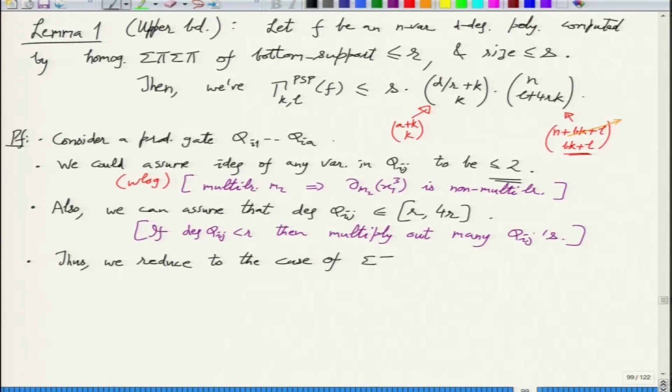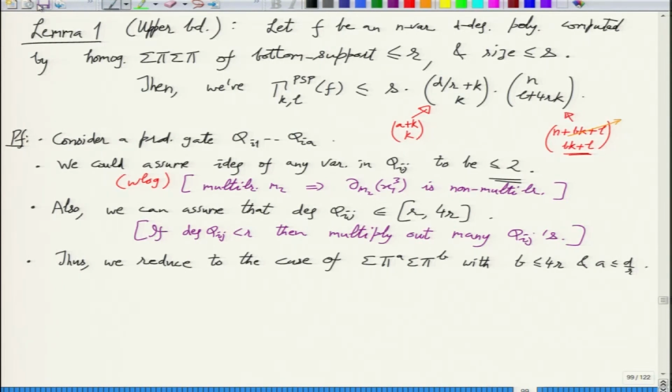So we are in the case of sigma pi A, sigma pi B, with B less than or equal to 4R and A less than or equal to D by R. Is that clear?